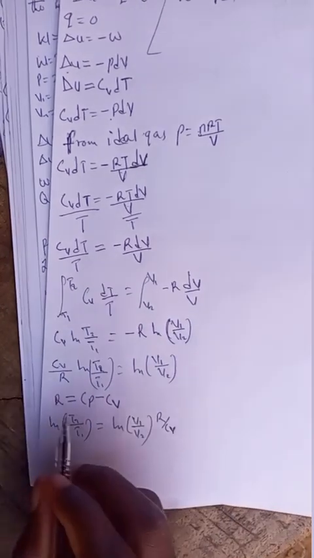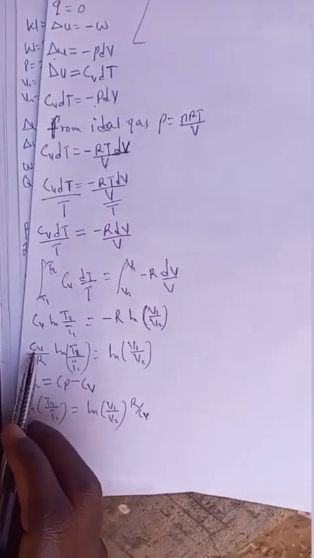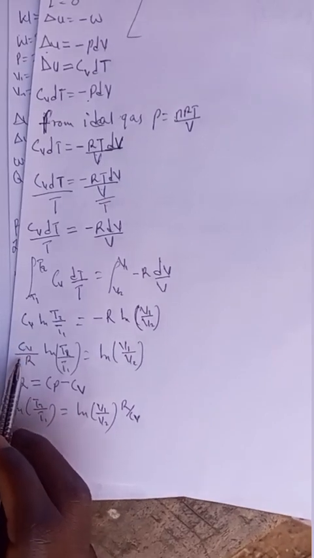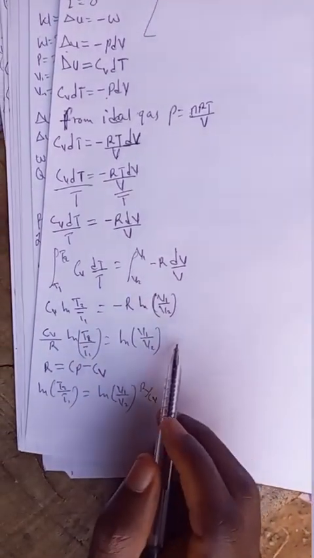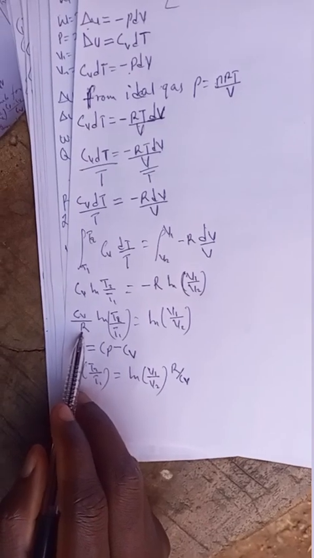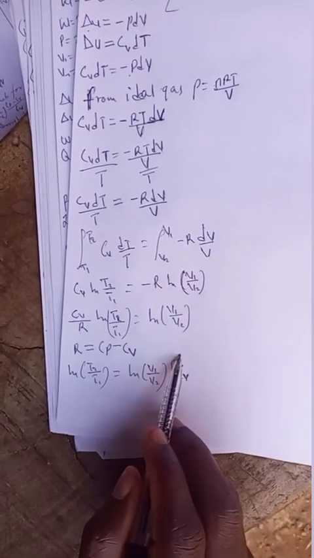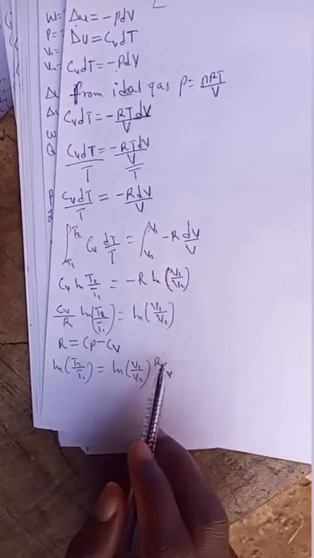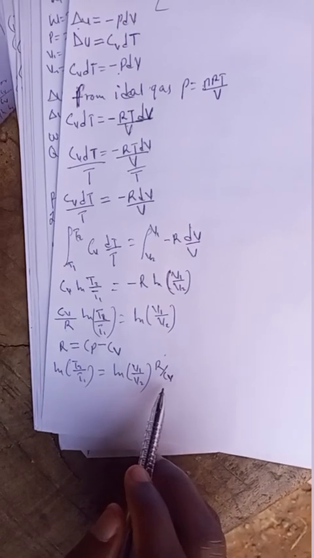What just happened here is that I took this CV over R to this side, and if we apply the law of reciprocal, the denominator will go to the numerator, and the one at top, which is the numerator, will become the denominator. This is what just happened here.